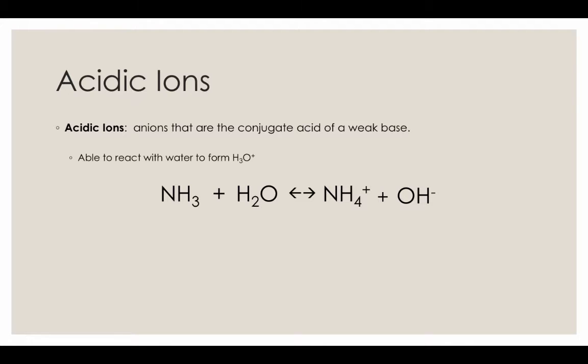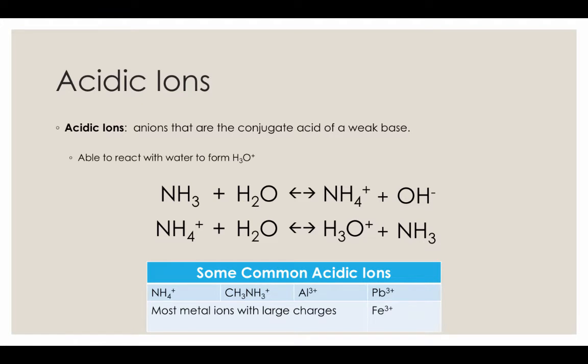Ammonia reacts with water to form NH4+ and OH-. This resulting NH4+ is a relatively strong acid. That NH4+ then reacts with H2O to form H3O+ and NH3. The resulting increase in H3O+ concentration will result in a decrease in the pH and a more acidic solution.